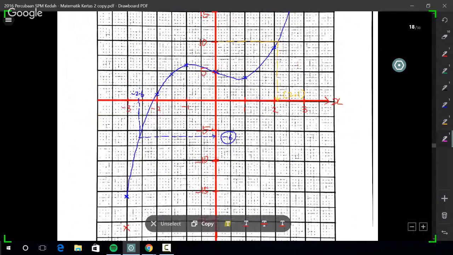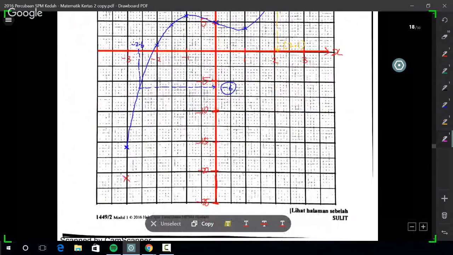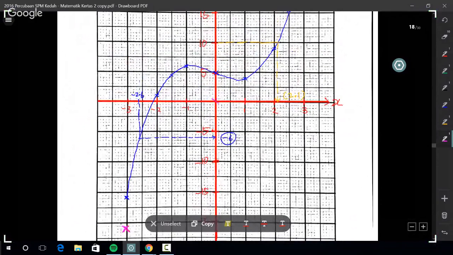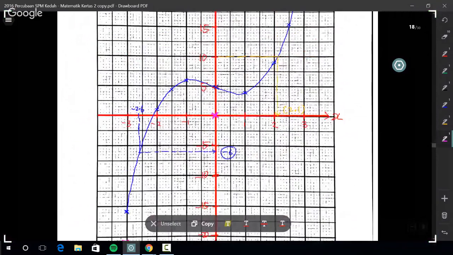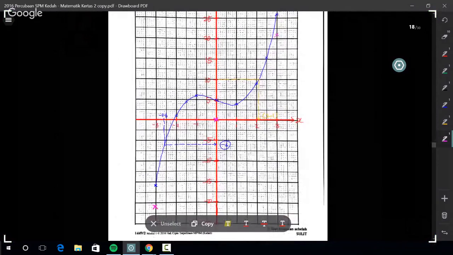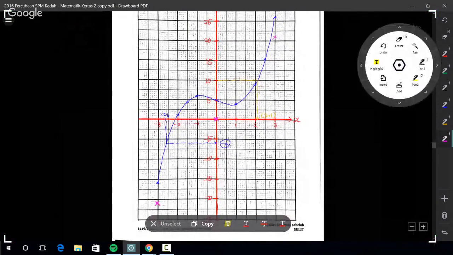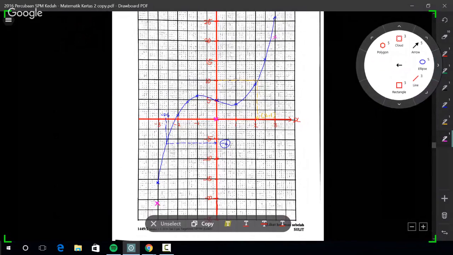Let me use another color. So at 0, you will add 0. And then at 3, you will add 21. And then you have to use a straight line to join these 3 coordinates together. Where is it? Is it somewhere here?